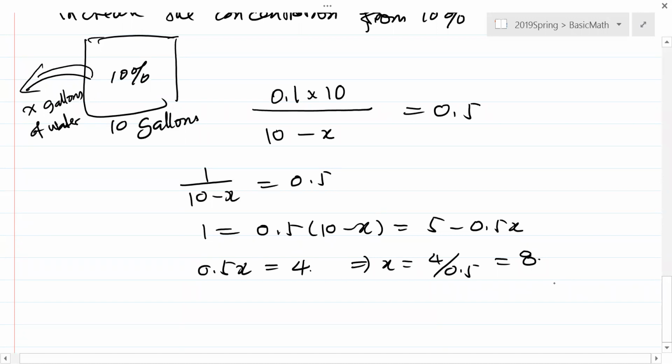We have a total of 10 gallons of a 10% solution, so there is 1 gallon of pure acid inside. If you get rid of 9 gallons of water, then you get a 100% solution, pure acid.